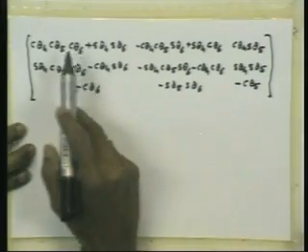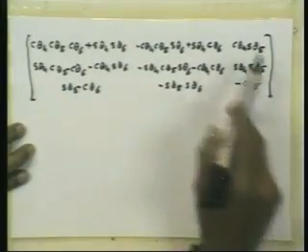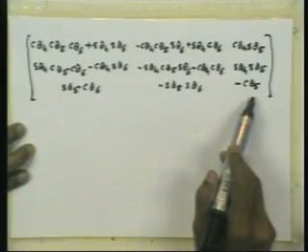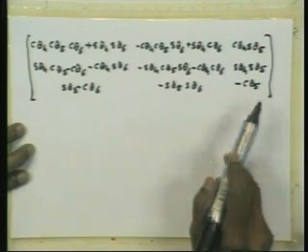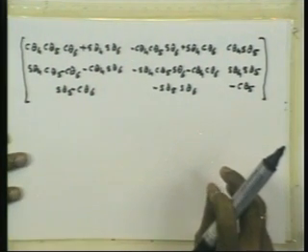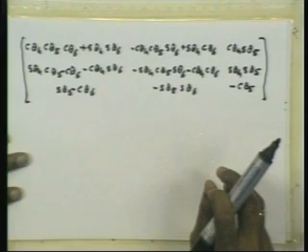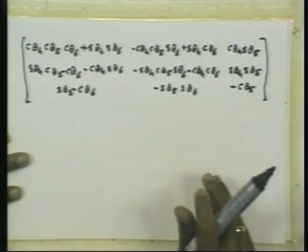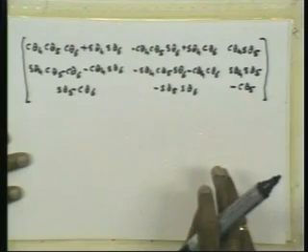Let me call the elements R11, R12 and so on up to R33, okay. Now this is more or less the matrix you will get to the following question. If the orientation matrix is given, how do you find the Euler angles?